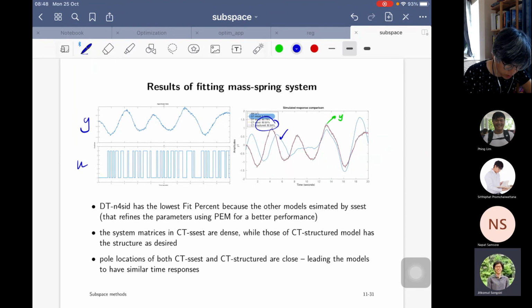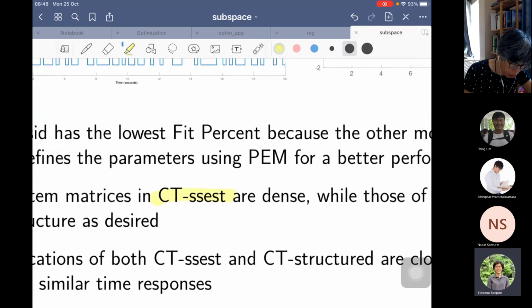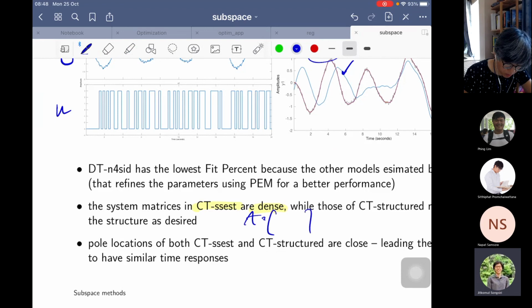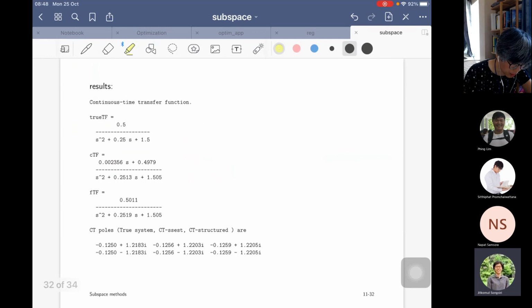So as you can see, if you use the SSEST command, it refines the model, so the performance is much better. The system matrices given by the default SSEST are typically dense, which means your A matrix is going to have non-zero values in all entries. For the continuous time structured model, it will have the structure as we specify. This is the example.